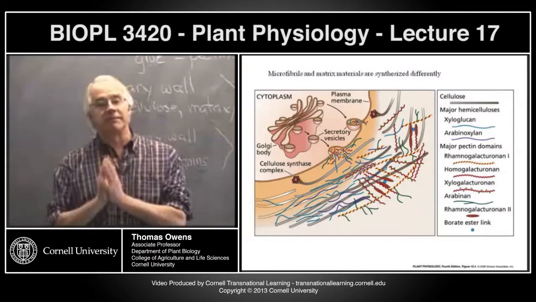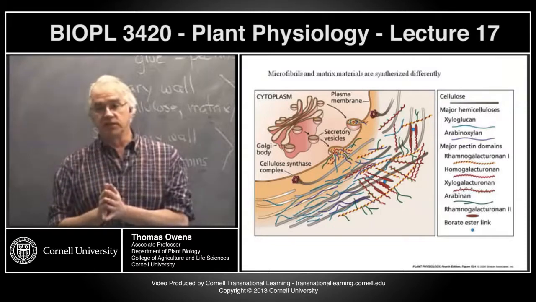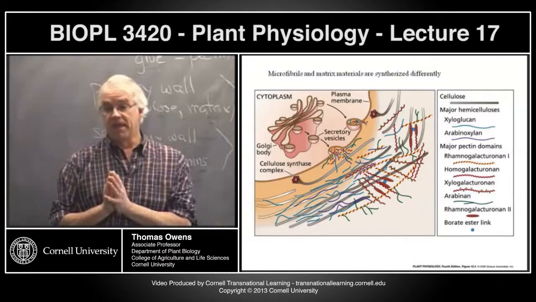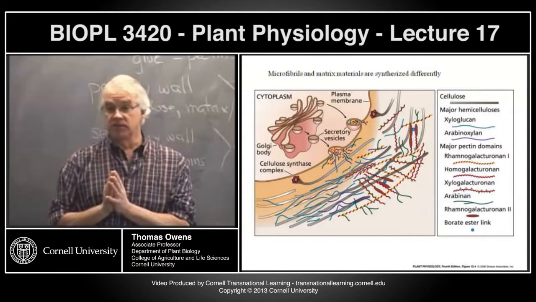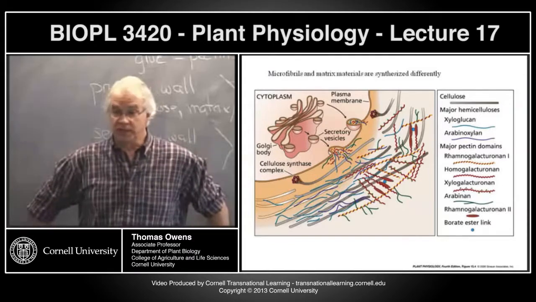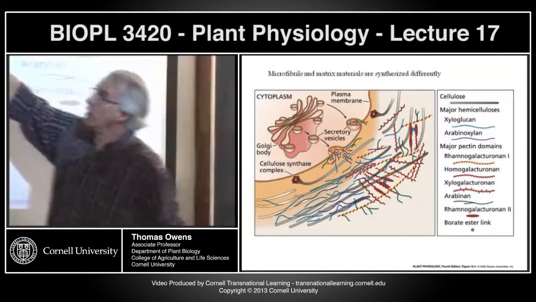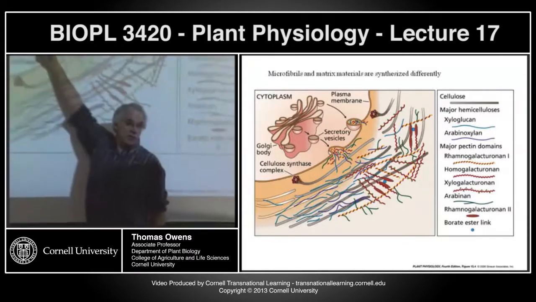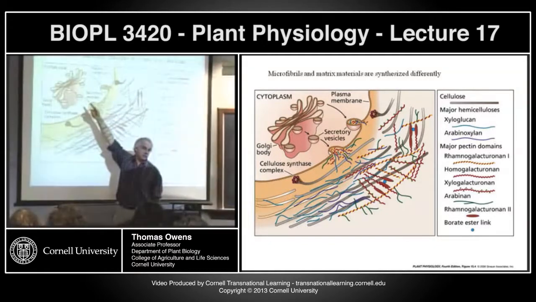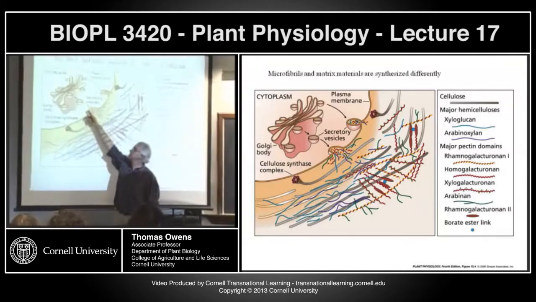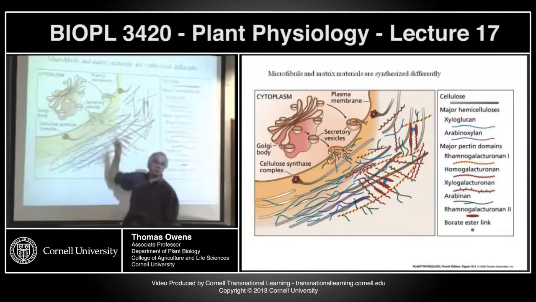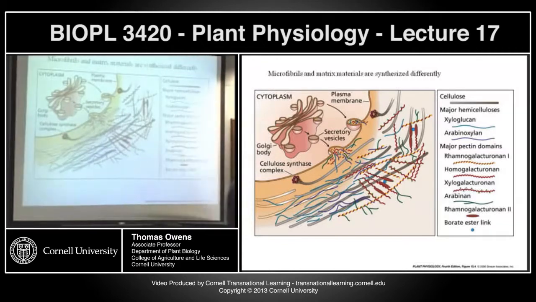All the rest of the matrix materials are delivered to the cell wall by the same mechanism that the middle lamella is sent to the cell wall during cell division. That is, there are vesicles derived from the Golgi that carry the components of the matrix materials. When those vesicles fuse with the plasma membrane, those matrix materials are released out into the cell wall.